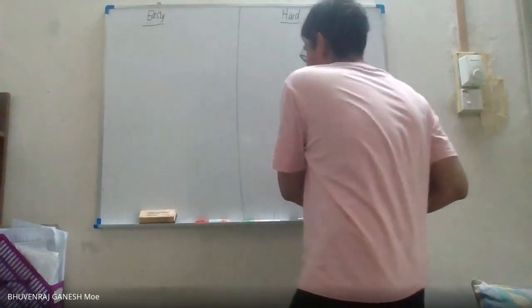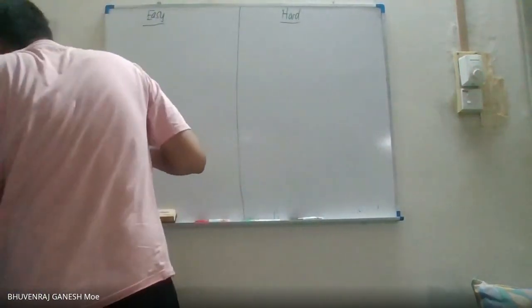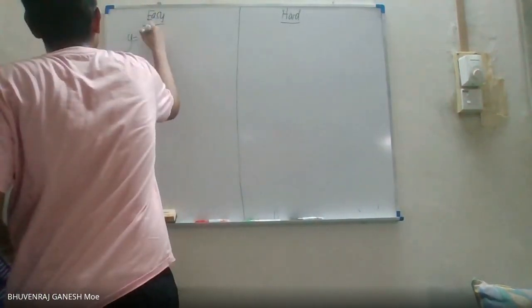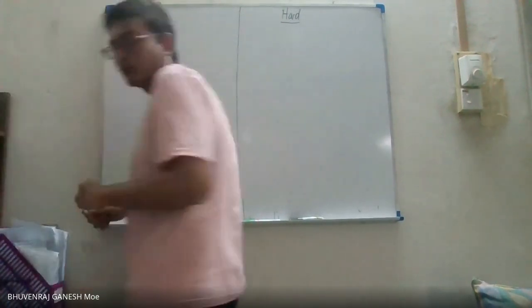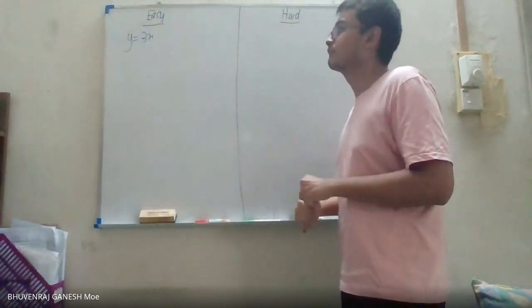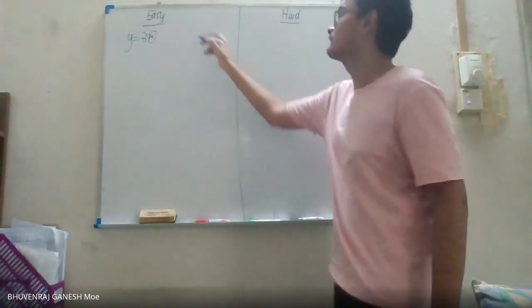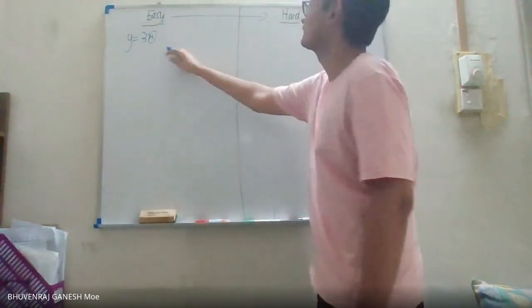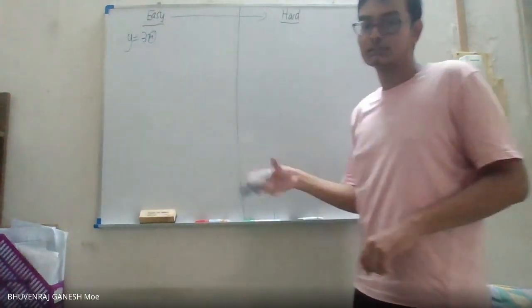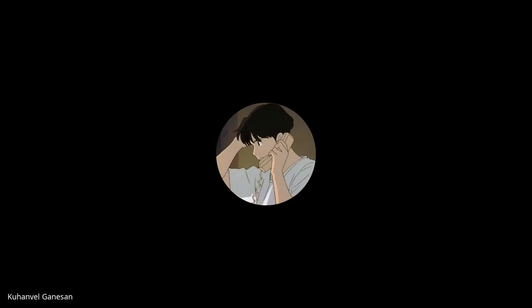So let's say the easy one is this one. y equals 3x. Usually when you have a lower power it's easier to solve than a higher power of x. So what they do to make it from easy to hard is they increase this power, so that when you expand, you get a higher power.